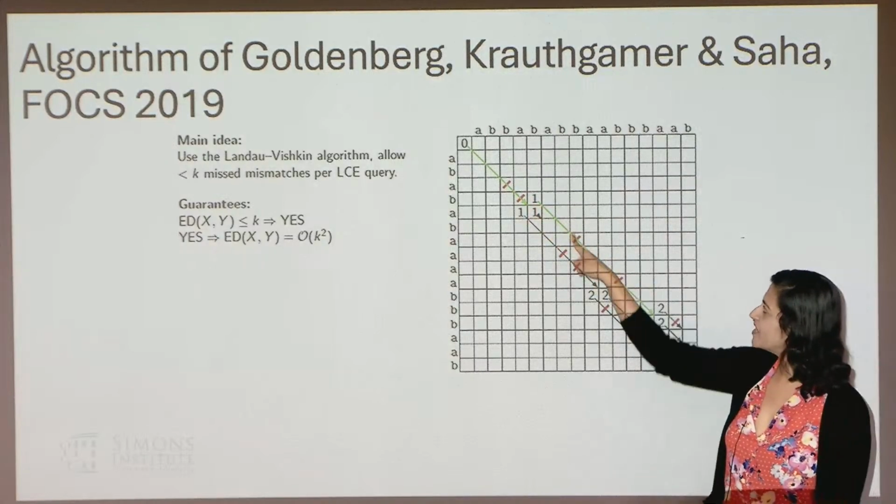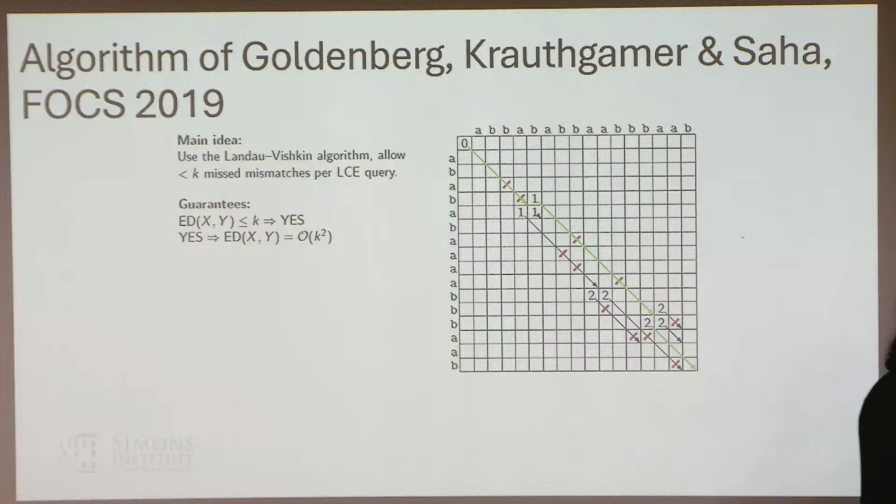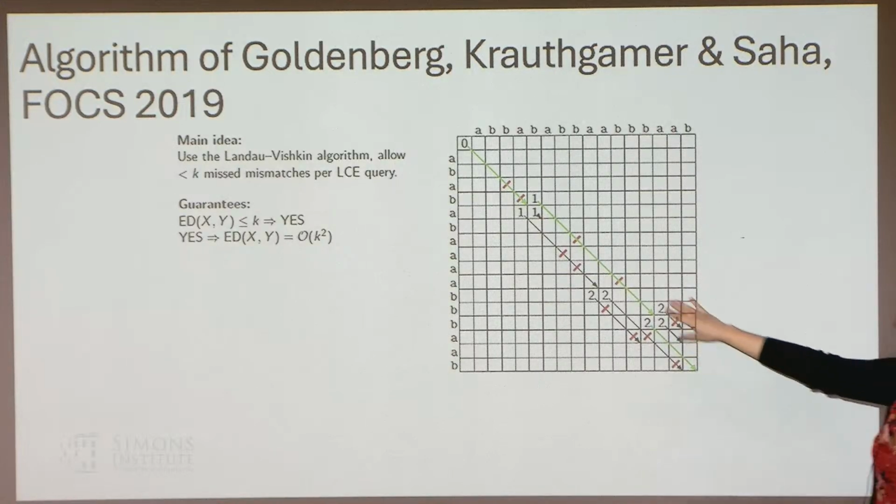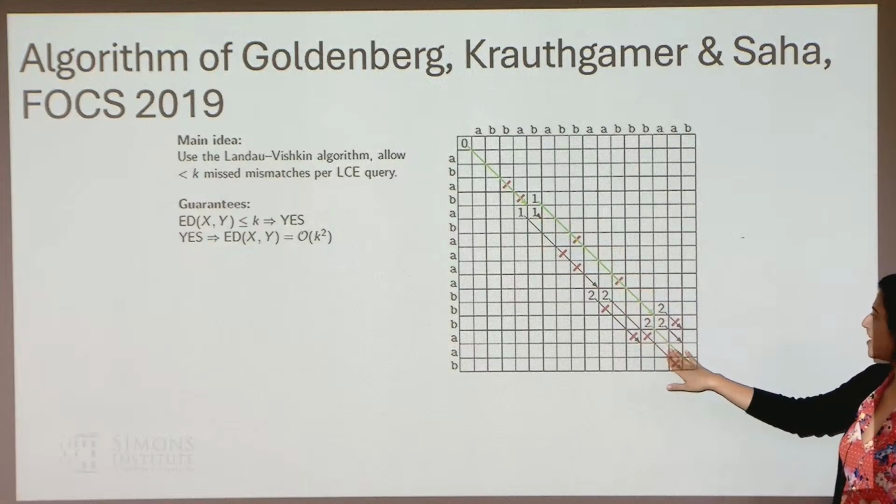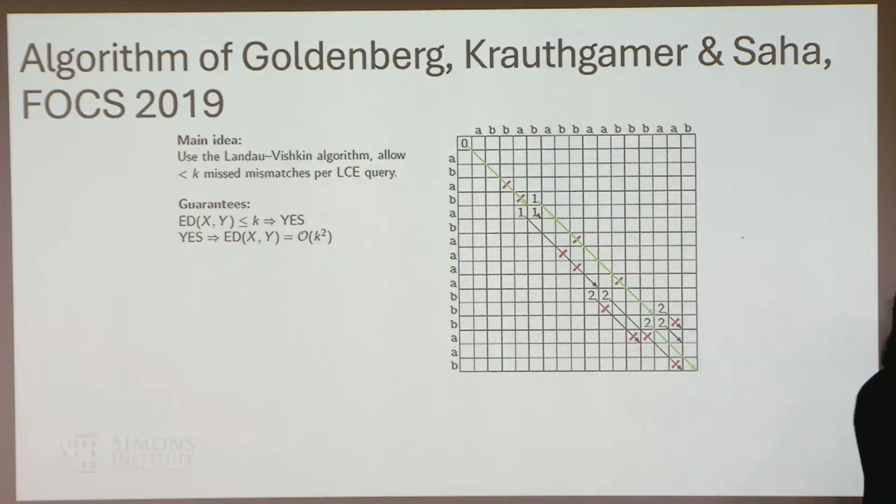In each of these chunks, I'm hiding at most K errors. And there are K such approximate LCE queries in this path. So I'm hiding at most K squared errors. So if I'm returning yes, then I'm also guaranteed that my edit distance is below K squared.